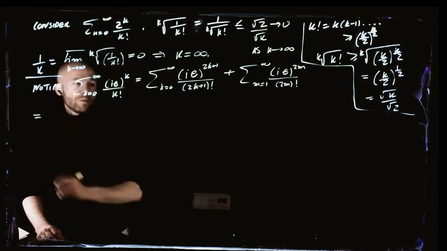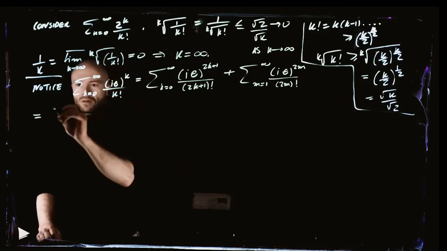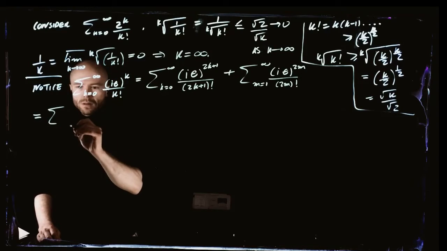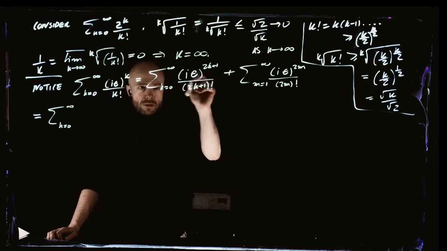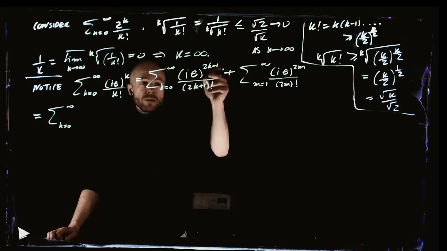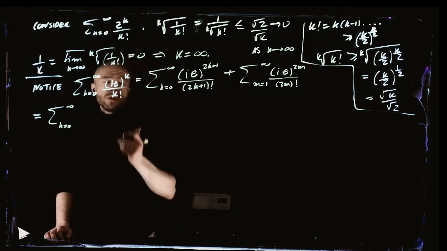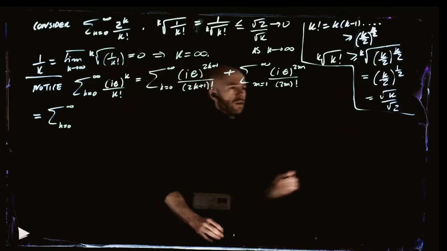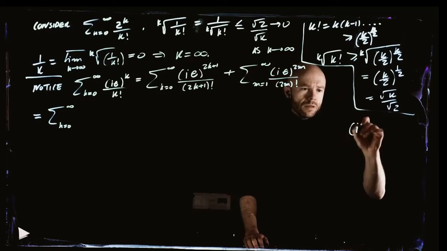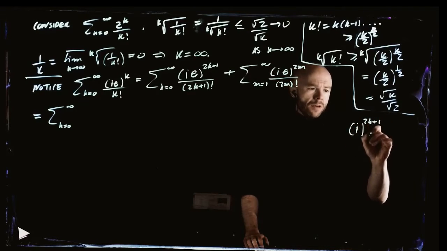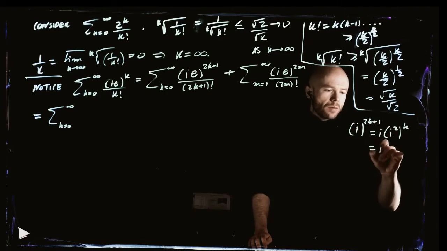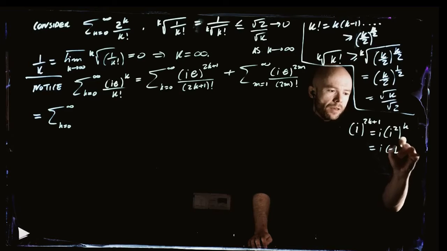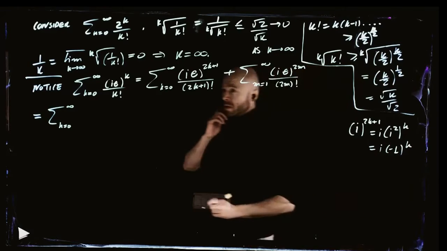And then what happens to this thing? So this is the sum from k equals 0 to infinity. Let's pull out this i^(2k+1), right? So what is i^(2k+1)? Let's put it over here. So i to the power 2k+1 is equal to i, and then i^2 to the power k, which is equal to i times (-1)^k.